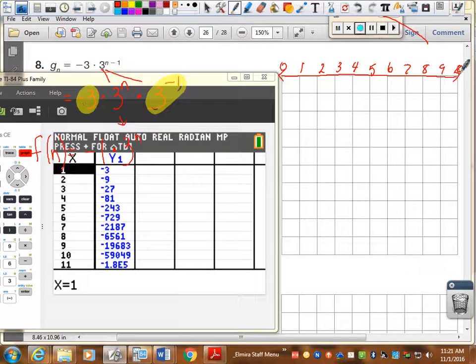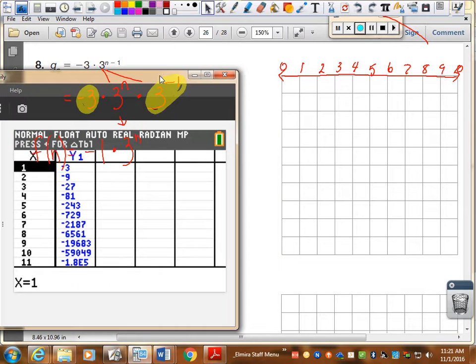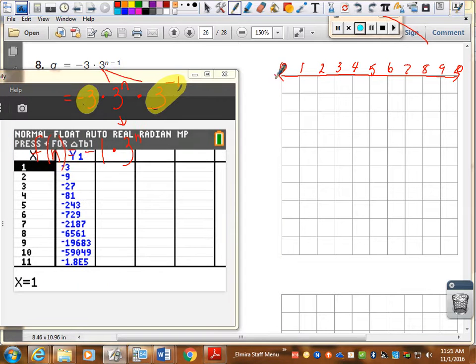Because the y values I need are all negative, I need to start at 0. My highest y value is -59,049. So again, this is about 60,000.